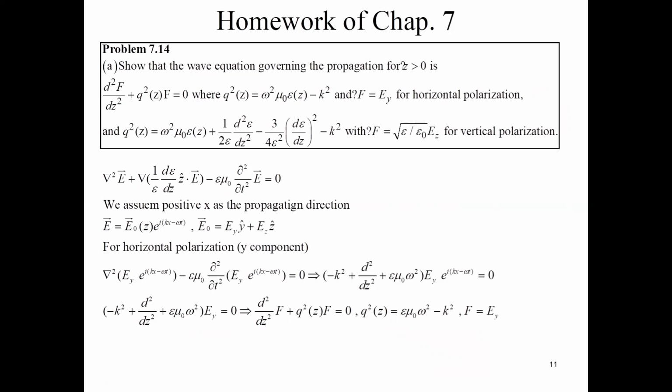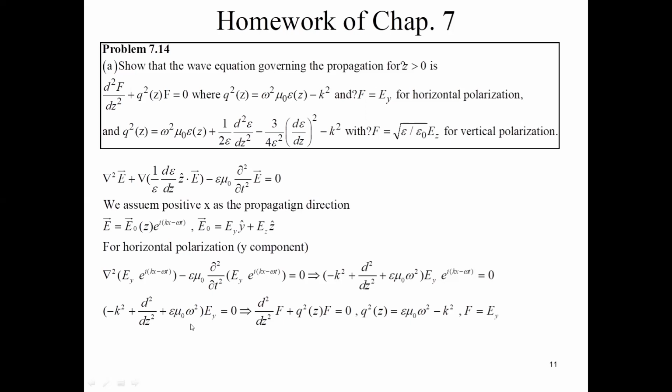So we can discuss two parts. For the first part, we discuss the horizontal polarization, which is the y component. So we substitute E with E_y times the plane wave, exponential i(kz minus omega t), into this equation, and then we get this.